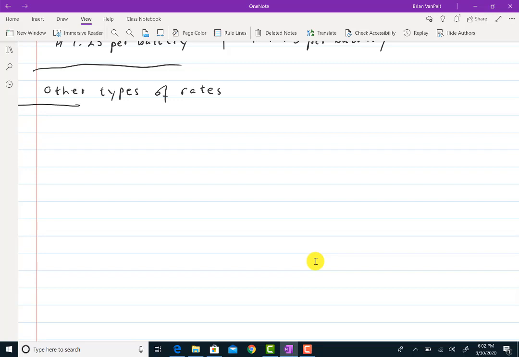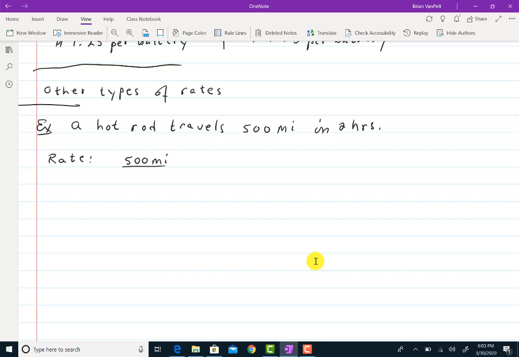So let's try a hot rod travels 500 miles in 2 hours. To get a rate on this, I'll do 500 miles divided by 2 hours. So that gives me a rate.